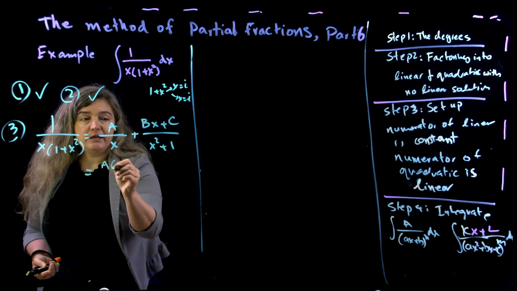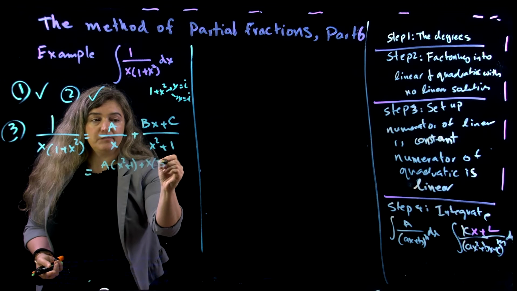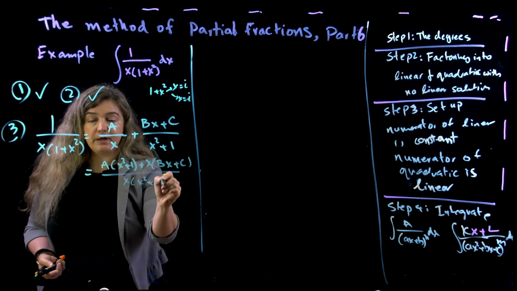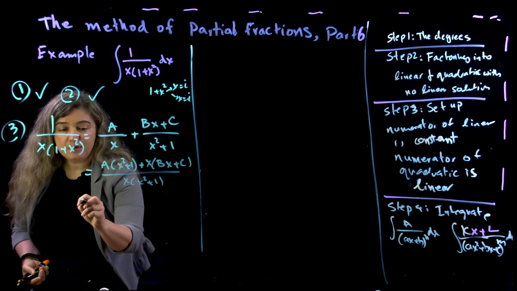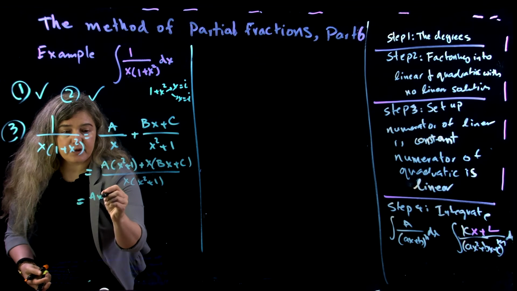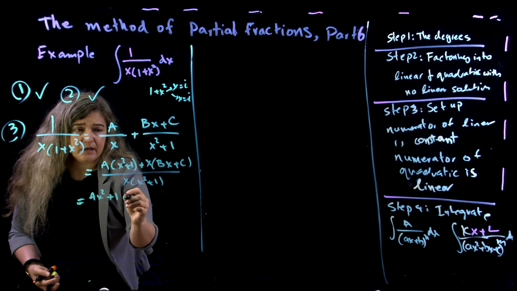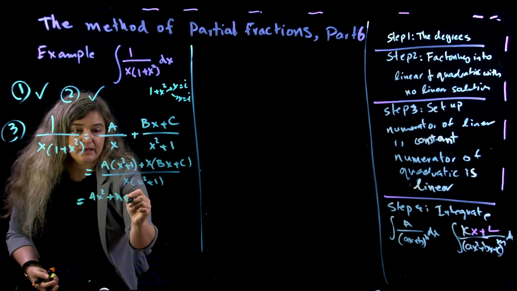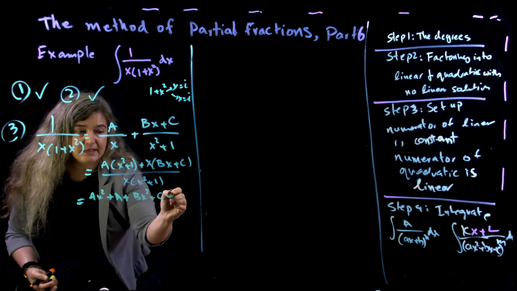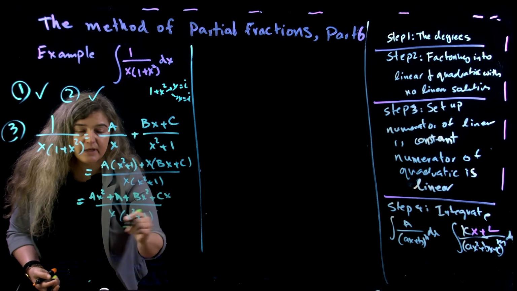And so it would be a times x squared plus 1 plus x times bx plus c divided by x times x squared plus 1, right? And so that would be a times x squared plus 1, plus a distributes, plus bx squared plus cx, and then over x times x squared plus 1.